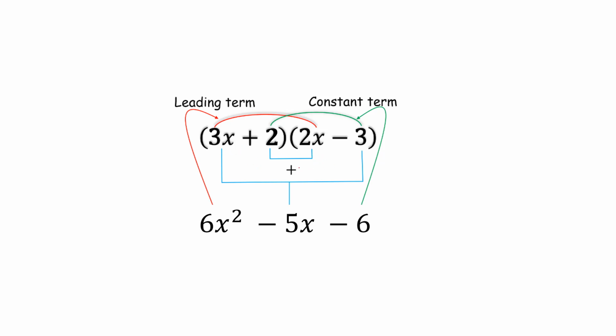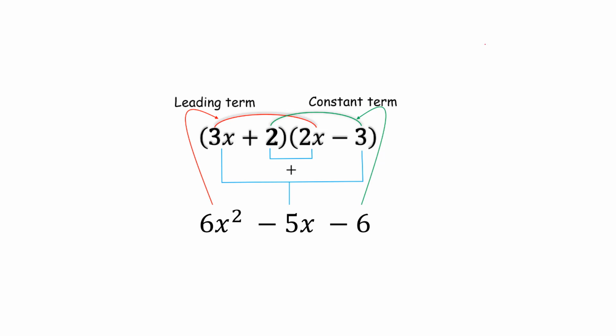And the way to know how to do that is to understand the relationship between the numbers, the coefficients, and the constants in the two binomials and the coefficients and the constant in the trinomial. How do those numbers relate to each other? Where do they come from?